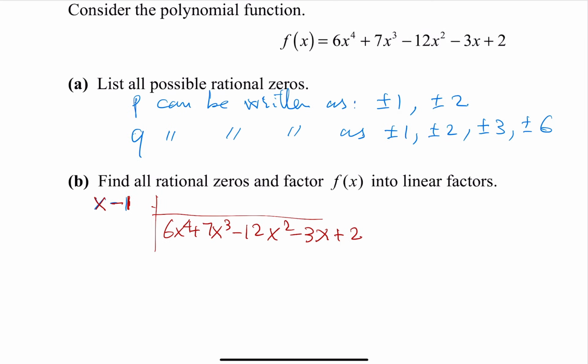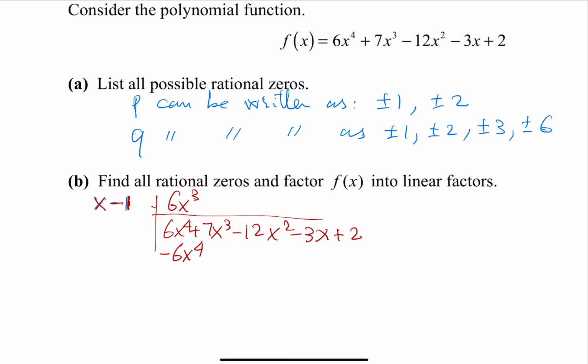Which number do I have to multiply by x to give me 6x to the 4th? It's 6x to the 3rd. 6x to the 3rd times x is 6x to the 4th. Take the opposite sign, which is -6x to the 4th.